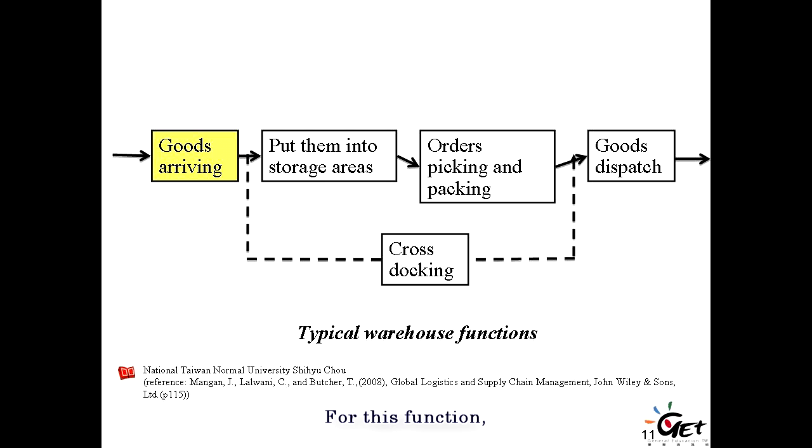For this function, usually we have to unload goods from the trucks. We need to do some inspection. We need to check the quality to determine whether or not we will accept this delivery. If we decide to accept this delivery, then we need to record the date, the amount, the quantity and the items that we receive from which suppliers. We need to do this kind of recording, right?